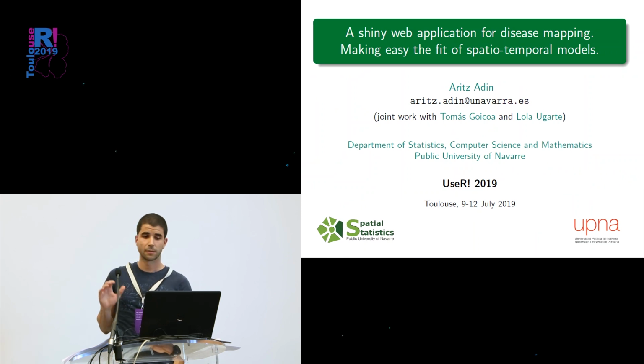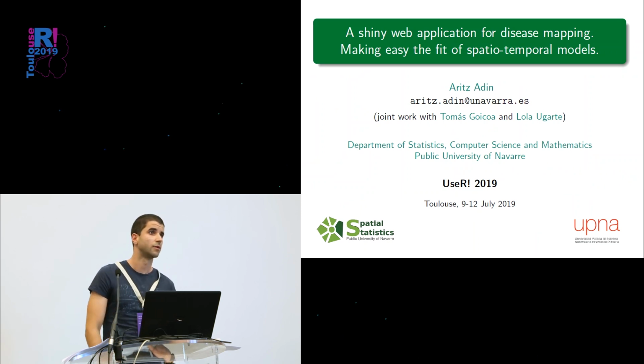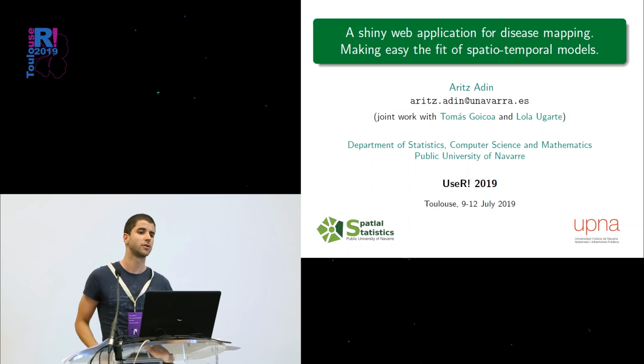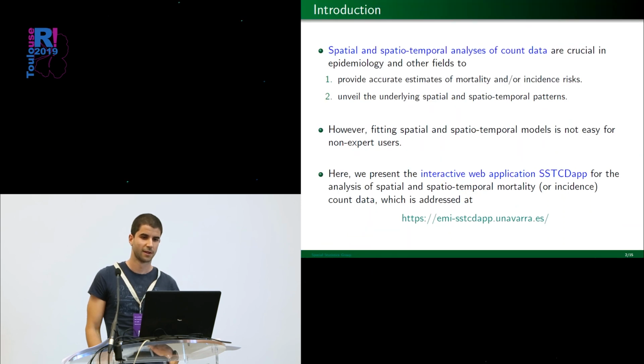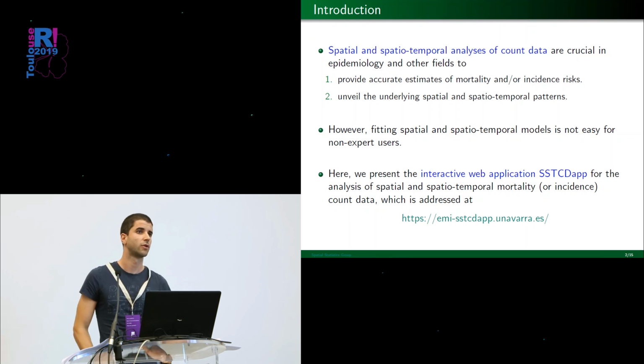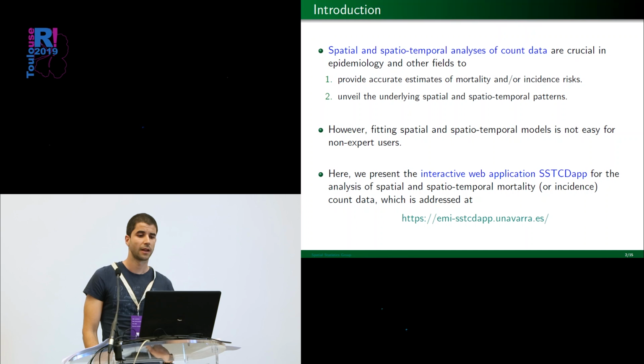So, spatial and spatiotemporal analysis of count data are crucial in epidemiology to provide accurate estimates of mortality or incidence risks, and to unveil the underlying spatial and spatiotemporal patterns.